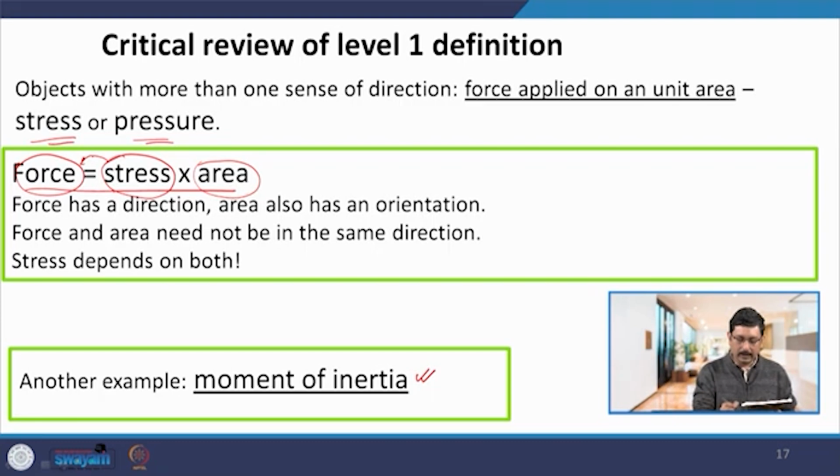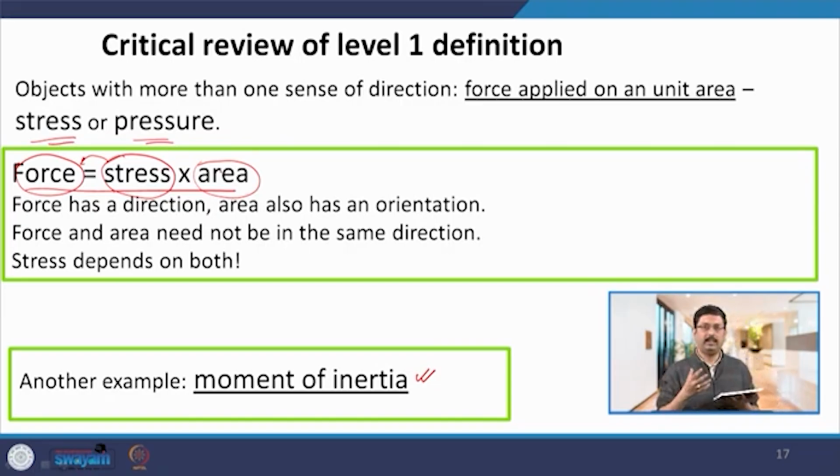It takes both the magnitude and the direction of the area and gives you the magnitude as well as the direction of the force. So, to define stress you need information about the direction of force as well as the direction of area.